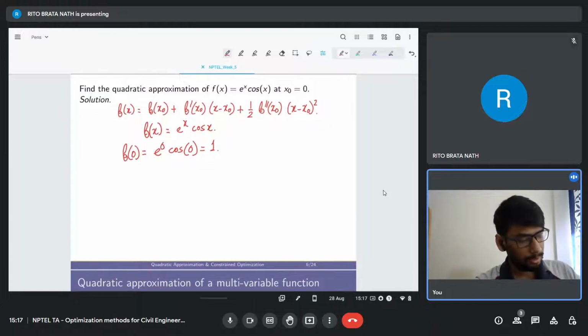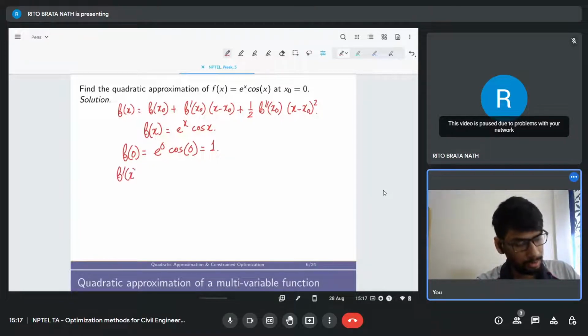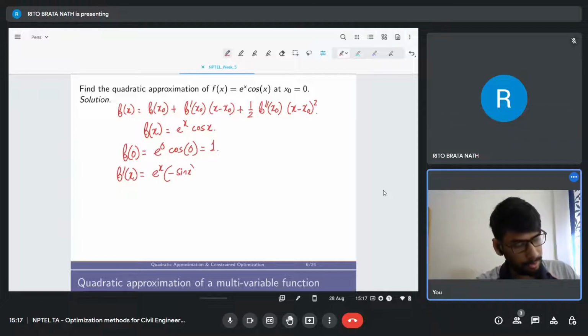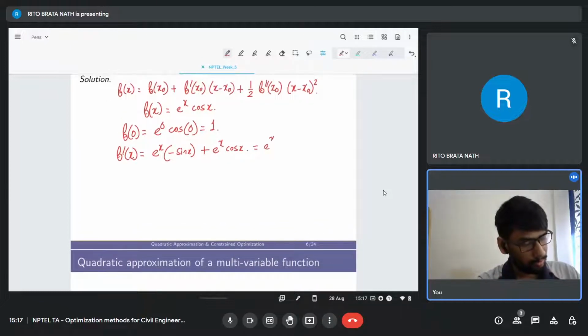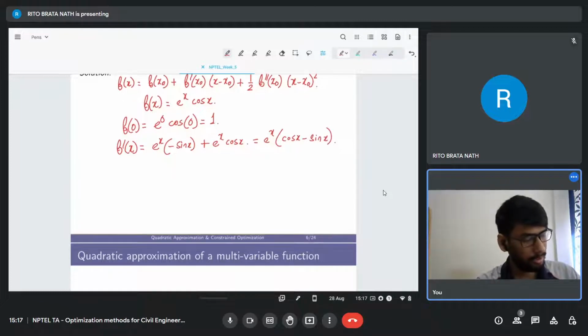And then I have to find the f prime of x. My f prime of x is e to the power x times minus sin x, plus e to the power x cos x. So I can write it down properly: e to the power x times (cos x minus sin x). Now I have to find f double prime of x.